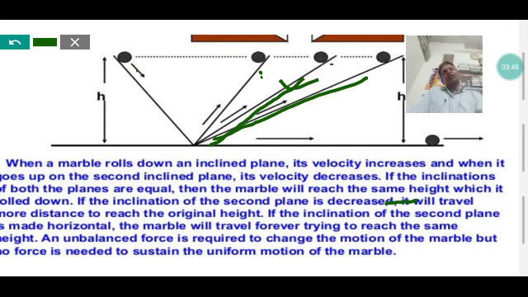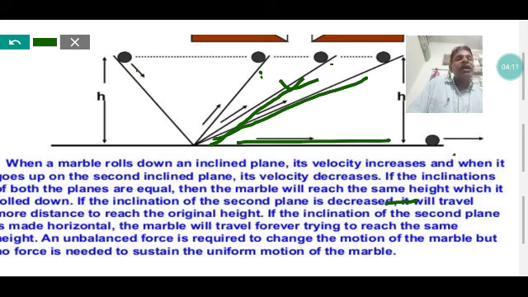That is what Galileo concluded from the experiment: if the inclination of the second plane is made horizontal, the marble will travel forever trying to reach the same height.